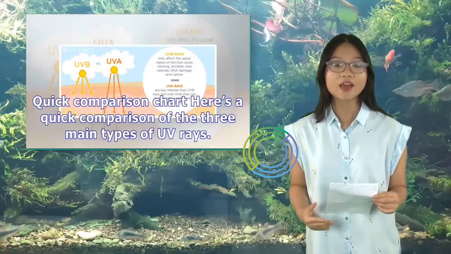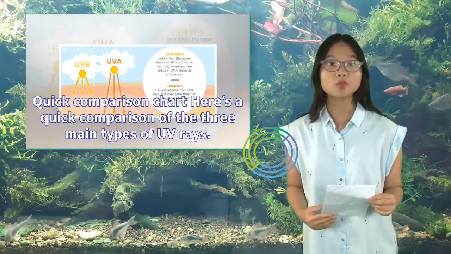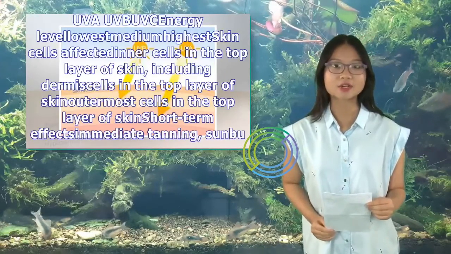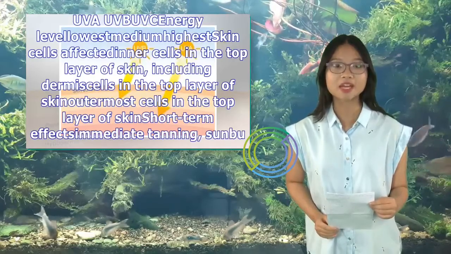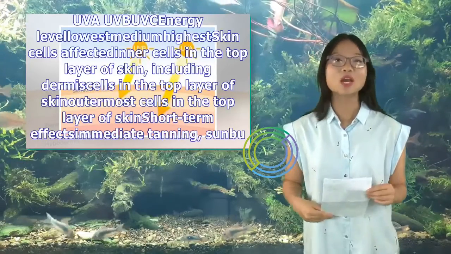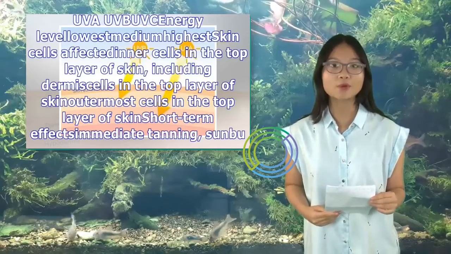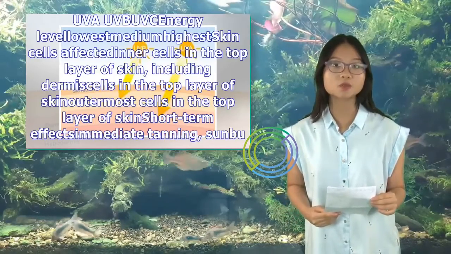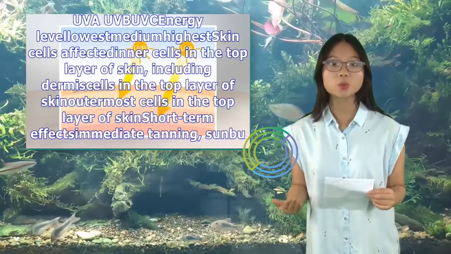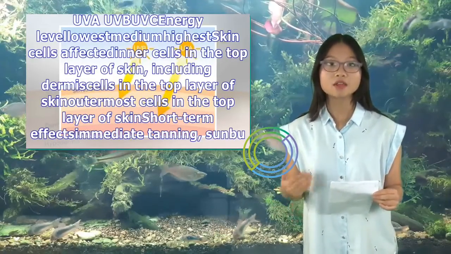Quick comparison chart. Here's a quick comparison of the three main types of UV rays. UVA: energy level, medium-high. Skin cells affected: inner cells in the top layer of skin, including dermal cells. Short-term effects: immediate tanning, sunburn, delayed tanning, blistering, redness, ulcers and lesions, severe burns.